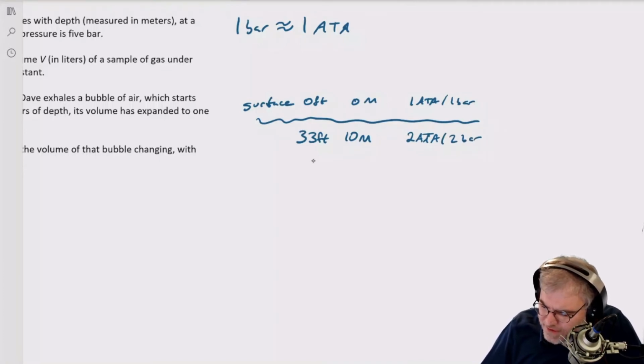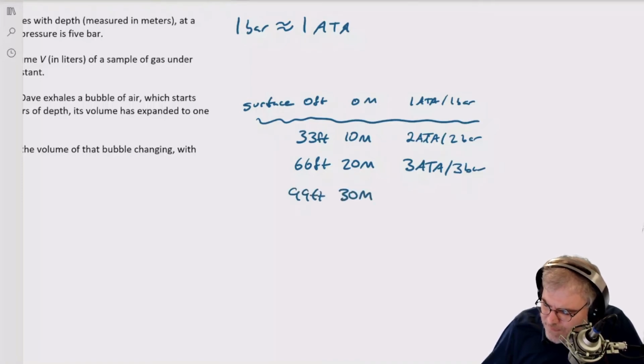And I go down a little deeper. If I go to 66 feet, which is 20 meters, I get to 3 ATA or 3 bar. And at 99 feet, which is about 30 meters, this is, by the way, in salt water.